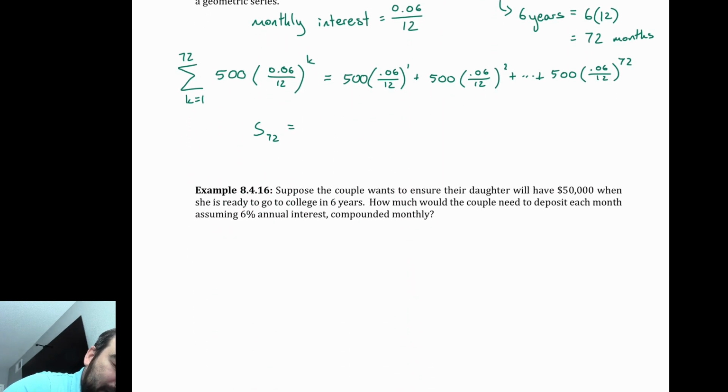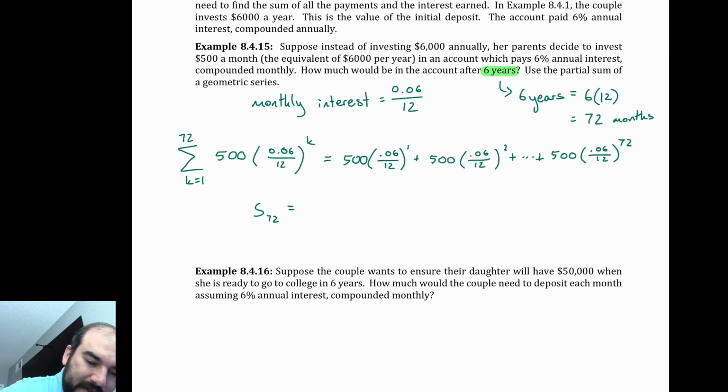So a1, which is the first term, is 500 times 0.06 divided by 12 times 500. Sorry, this is just going to give us the interest earned. We forgot to add the 1. Let's fix that. This will just compute how much interest is earned.